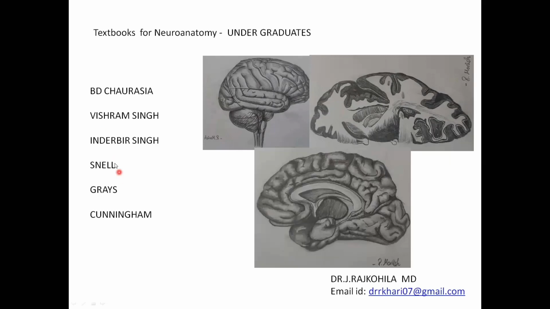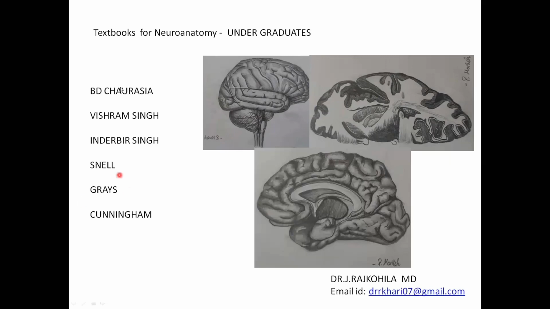Snell, there are two books, Snell Clinical Anatomy and Snell Neuroanatomy. Snell Neuroanatomy is very good when you want to read in depth, especially the spinal cord tracts, all of which are well listed. Certain tables in Snell are really very useful. Gray's Anatomy, of course, is the referral book for anything.